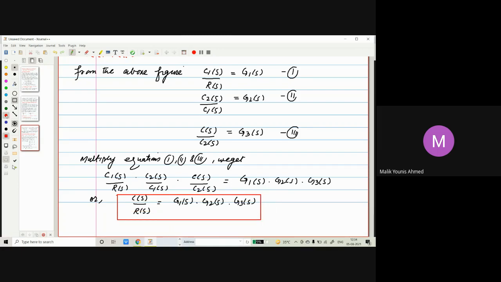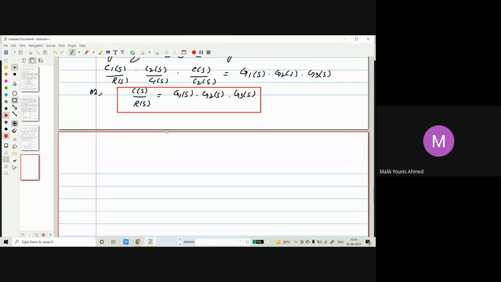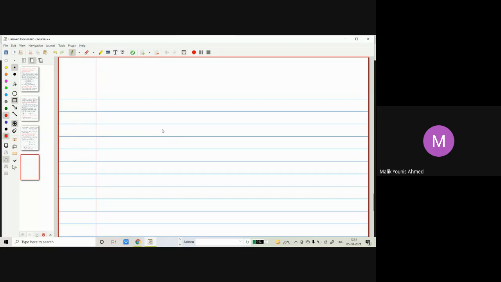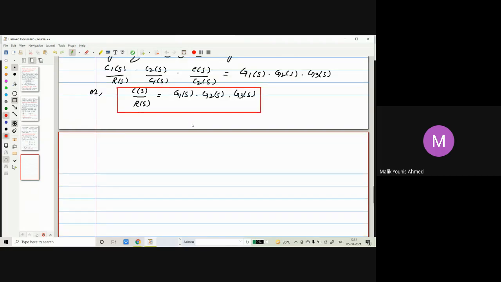Okay. I think this is fine. So let's move ahead. And next, if we have to represent this in the block diagram, how can we represent it? We can represent this like this.